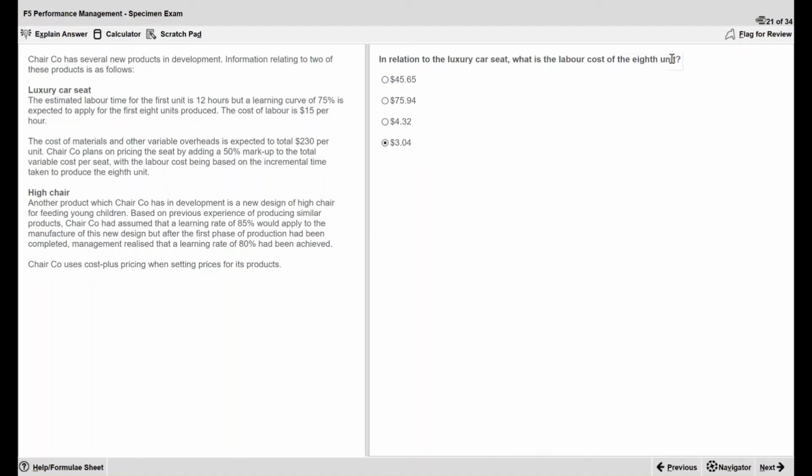So in this case, we can only use the algebraic method to find the time for the 8th unit. In the algebraic method, remember, we find the total time of 8 units and the total time of 7 units, and when we subtract one from the other, we will have the time for the 8th unit, and multiplying by the cost will give us the cost.